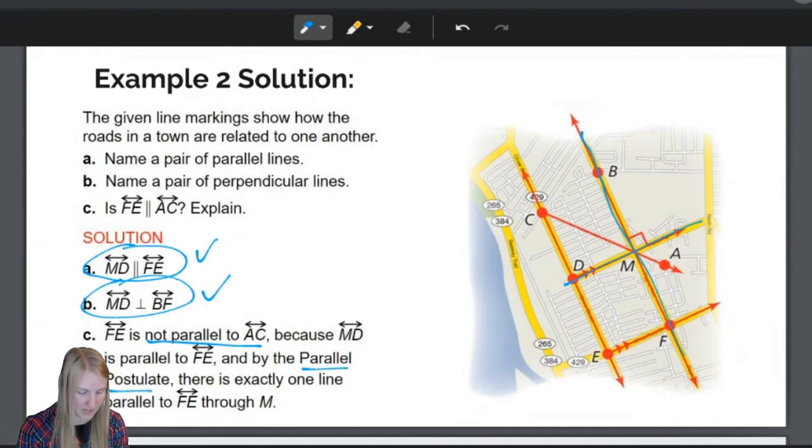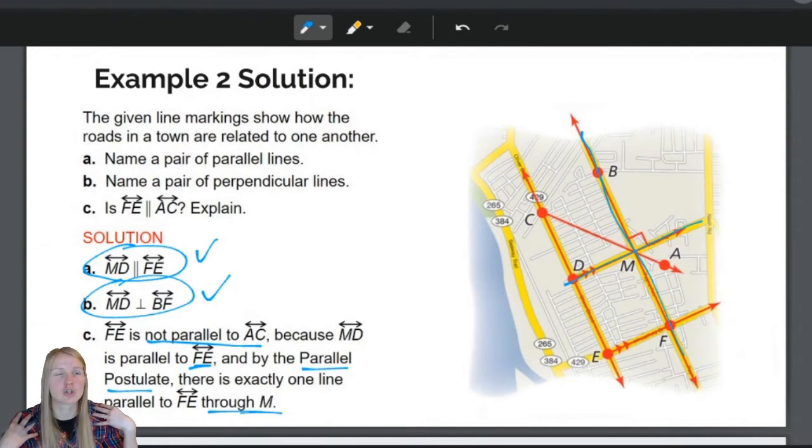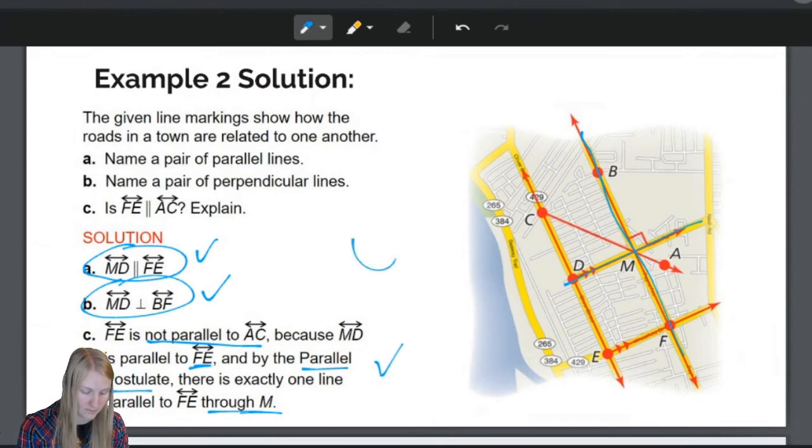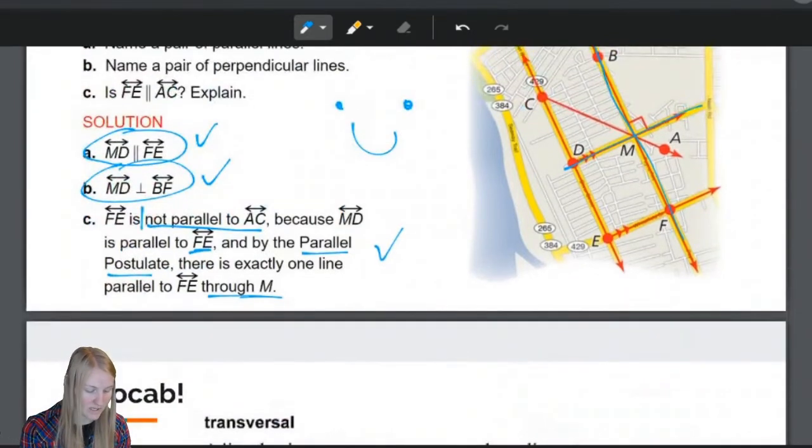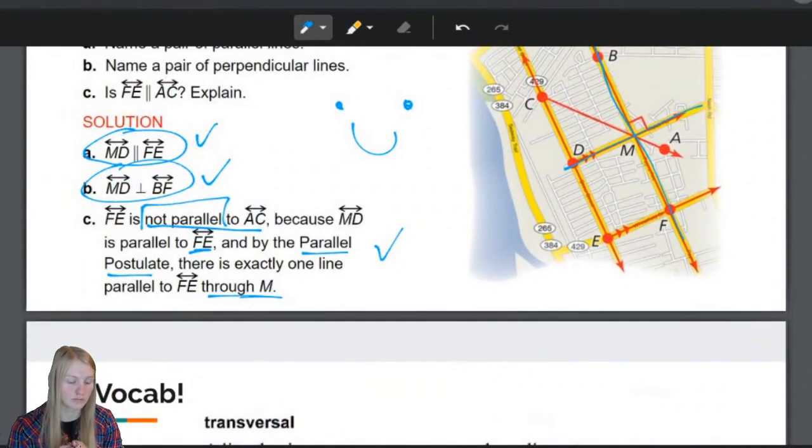MD is parallel to FE, and there's only one line through M that is parallel to FE. So either our answer would have worked too, our answer works just as validly, but this is also an example of using the parallel postulate. So, yay. The important thing was that we said it was not parallel, and we gave just as valid of an answer. Okay.